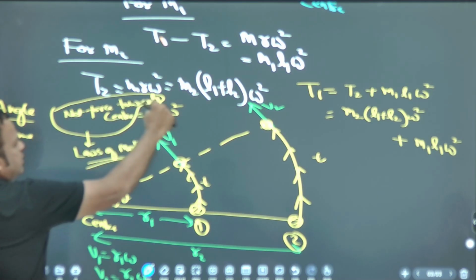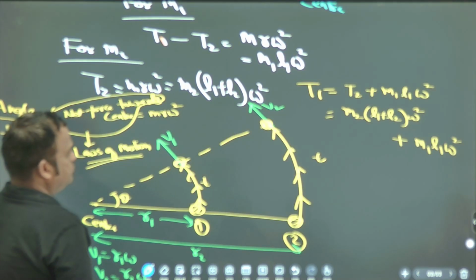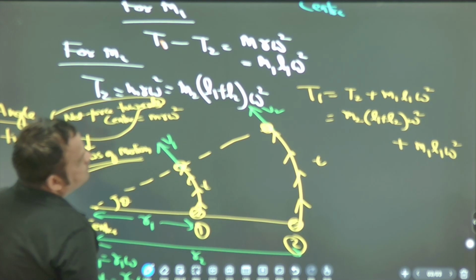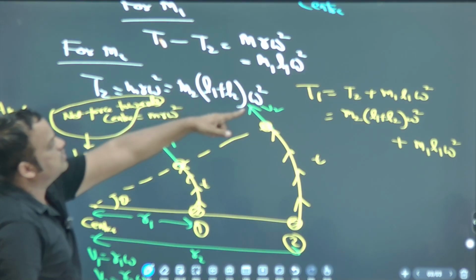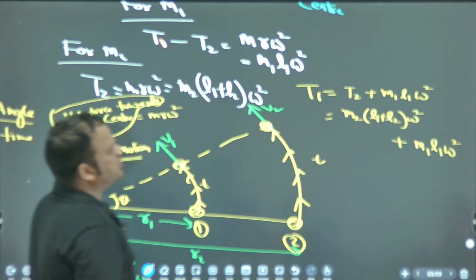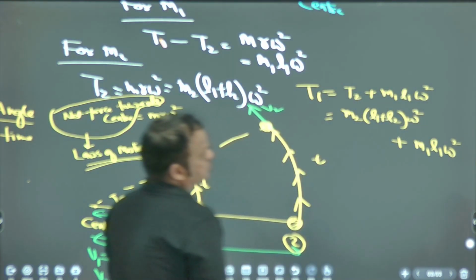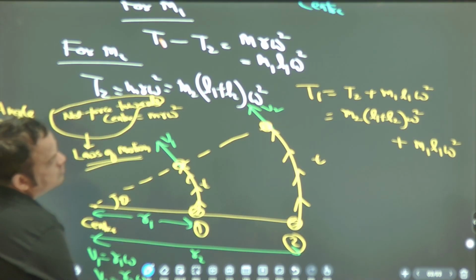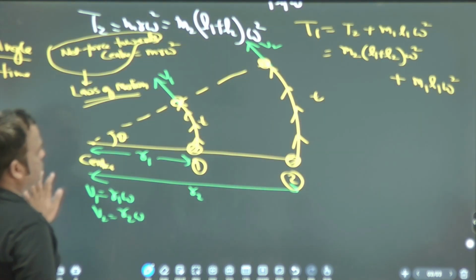Just equate it with mr omega square. Done. So T2 is M2 (L1 plus L2) omega square, and T1 is T2 plus M1 L1 omega square. Now you solve this question.